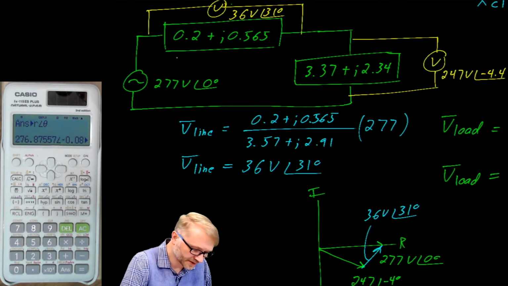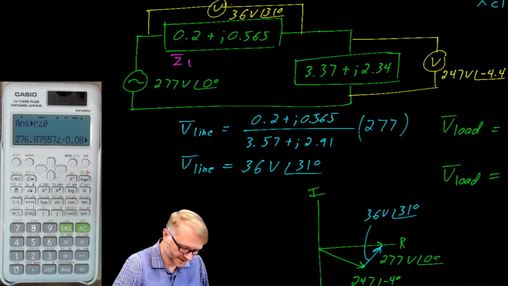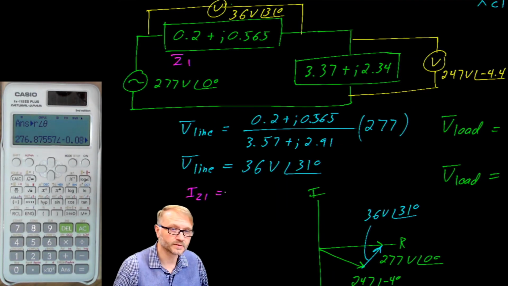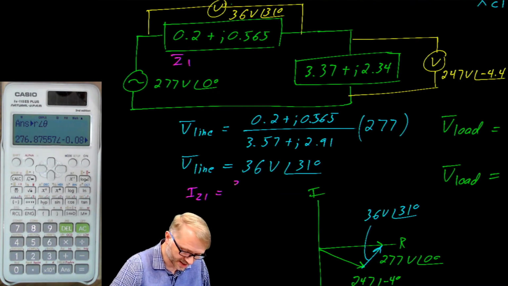Let's take a look at the current on impedance 1 first. The current on Z1 is equal to a voltage divided by an impedance. In this case, it's 36 volts at a phase angle of 31 degrees divided by 0.2 plus j0.565.